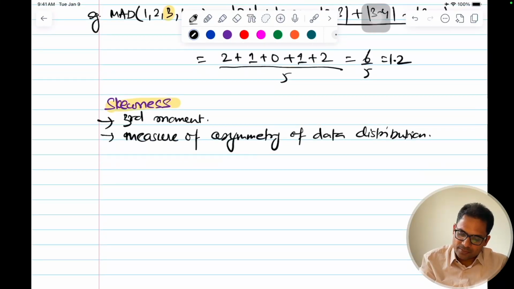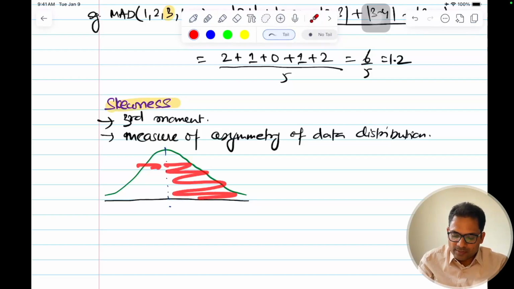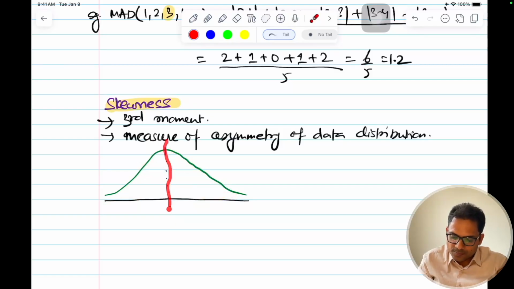For example, if it is a normal distribution, it is bell shaped and the data is symmetric. Half of the data is on one side of the mean, half on the other side.